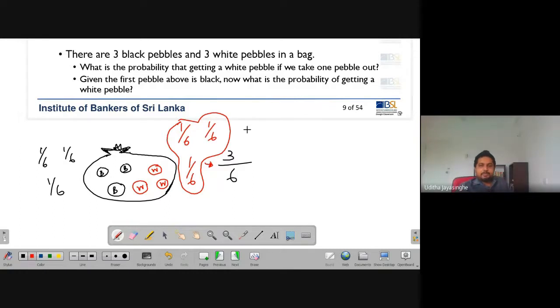Given the first pebble above is black, now what is the probability of getting a white pebble? Okay, what do you think? Focus on the question, given the first pebble, as in this first tester, is black. Now what is the probability of getting a white pebble? I would like to see an answer here. Now we did the complicated math, and I really want one of you to try and think a little bit and give an answer.